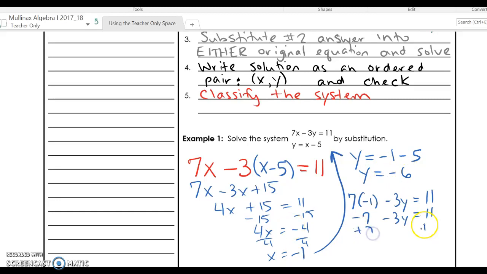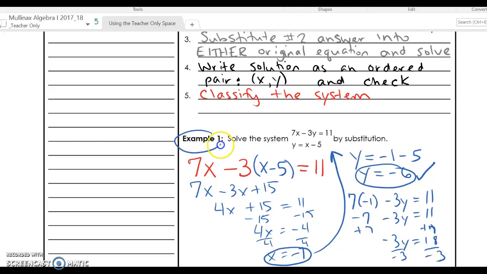So add 7 to both sides. -3y equals 18, divide by -3, and I'm right back to y equals -6. So that was a good way for me to check to make sure that my x value is the correct x value. I plugged it into both equations and I got the same y value.